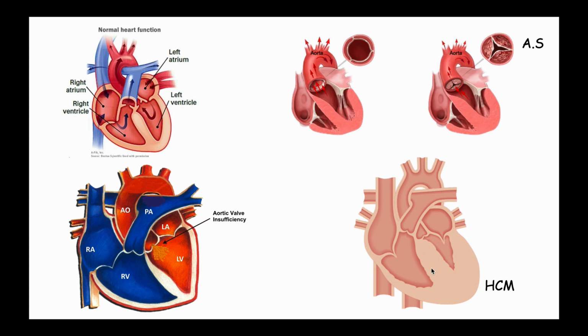Now, in hypertrophic cardiomyopathy, as we learned in our previous tutorials, this is a genetic disease of the heart muscles, which causes abnormal thickening. So as you can see, both the septum and the muscles of the heart are hypertrophied over here.